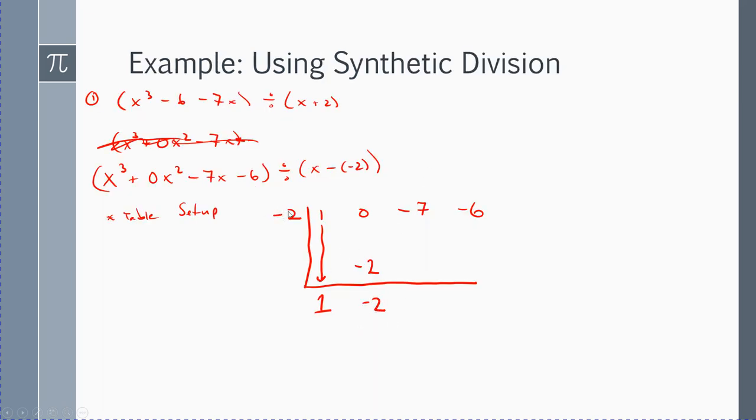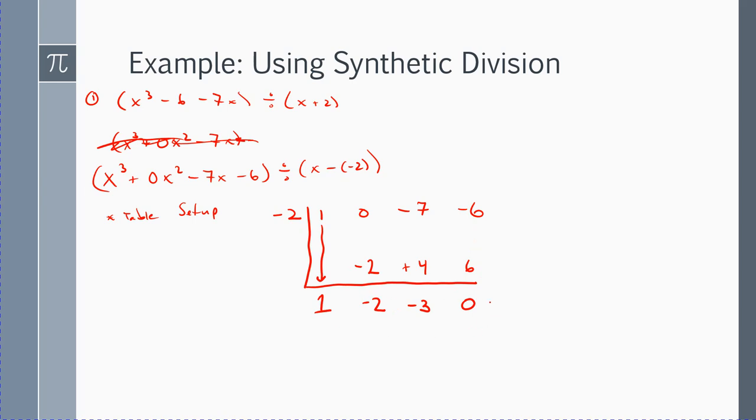You go minus 2 times minus 2 gets me plus 4. Now watch what happens when I add down. I get minus 7 plus 4 gets me minus 3. And then my last step, I go minus 2 times minus 3 gets me 6. And then minus 6 plus 6 gets me 0.